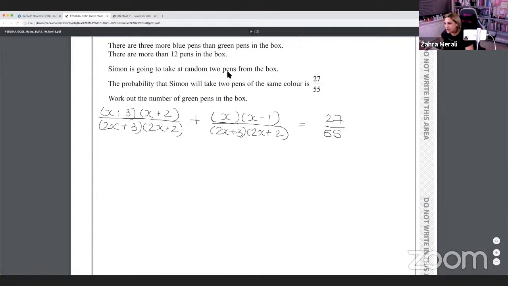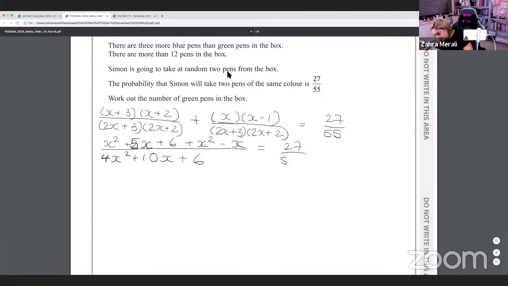Right, there's no obvious straightforward way to do this. We're just going to open out all the brackets. The bracket on the bottom is the same, so we've got 4x squared plus 10x plus 6. On the top, we've got x squared plus 2x plus 3x, so plus 5x plus 6, plus x squared minus x, over 55.